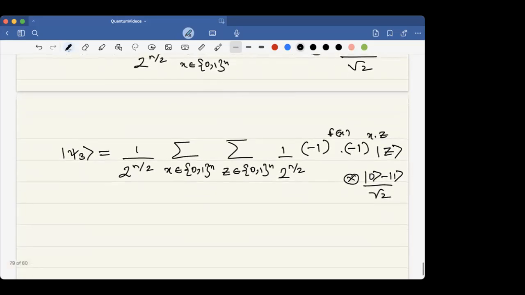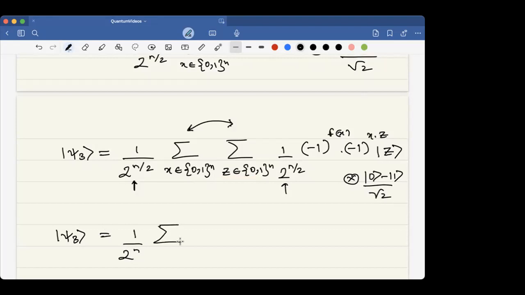So this complicated state is there, but I can rewrite it a little bit. Let me rewrite it in a nice way. So psi 3, I can combine these two to get 1 over 2 to the n. And then I will interchange these summations. They are finite sums, so I can interchange them.